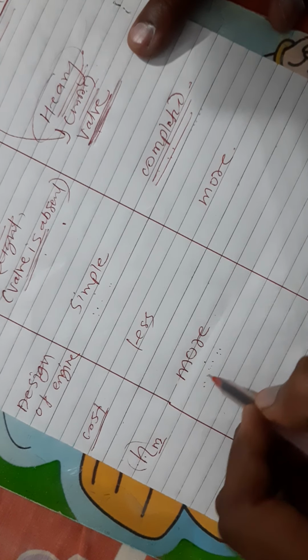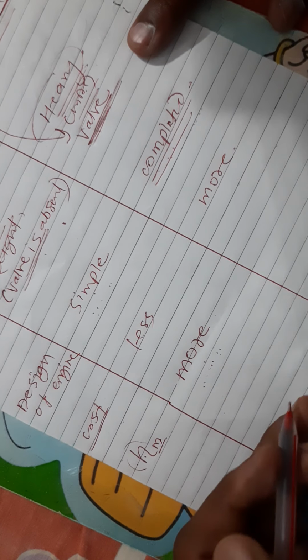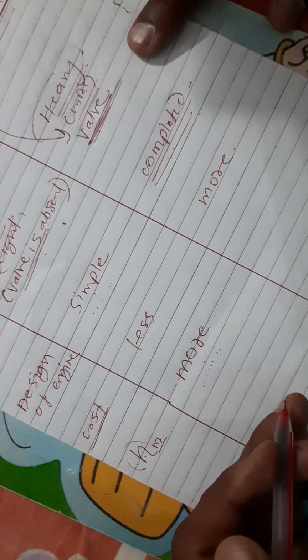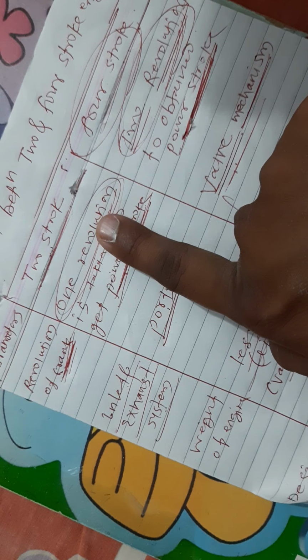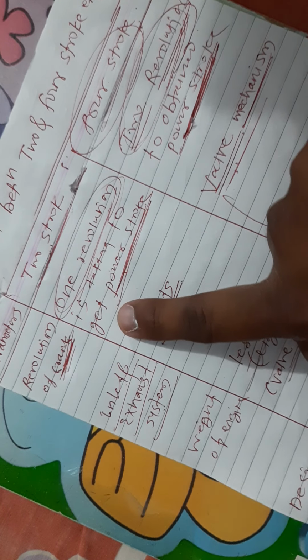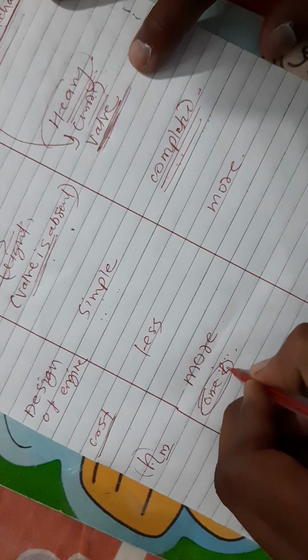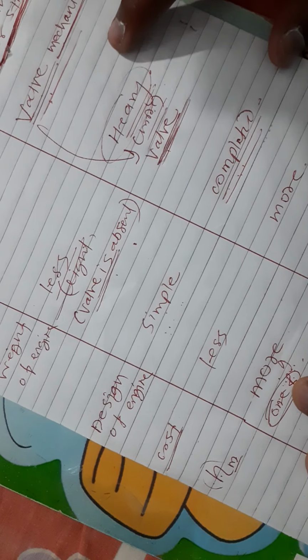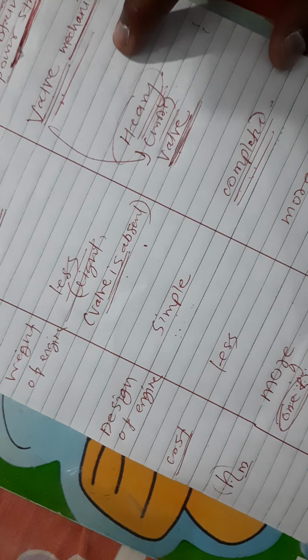As part requirement is less, friction also becomes less. Why does friction become less? One best reason is that in our two-stroke engine only one revolution is required to happen a power stroke. Due to one revolution of the crank, friction is less. Due to less friction, mechanical efficiency increases.